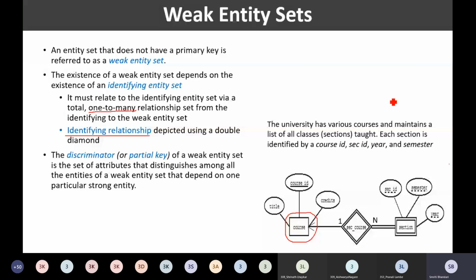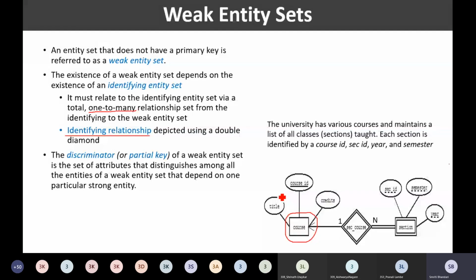Now, the next concept, this is the entity set, and we would like to distinguish the entities stored in the weak entity set that depend on a particular strong entity. So as I stated earlier, every course has its own section, and it may happen that the same section is being taught in the same semester and same year.